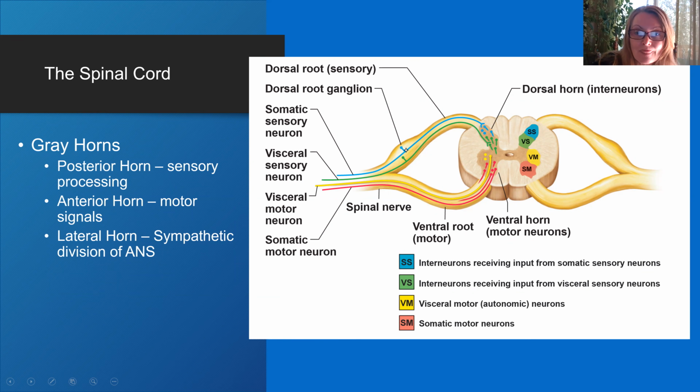Those are axons, and blue is, what are they? Yeah, over here, somatic sensory. So that means this will reach your consciousness and you will understand the sensation. So that's a somatic sensory neuron. And a visceral sensory neuron comes from your viscera, from internal organs. So that sensory information comes to the spinal cord through the dorsal root, right? And motor information leaves your spinal cord through the ventral root, right?